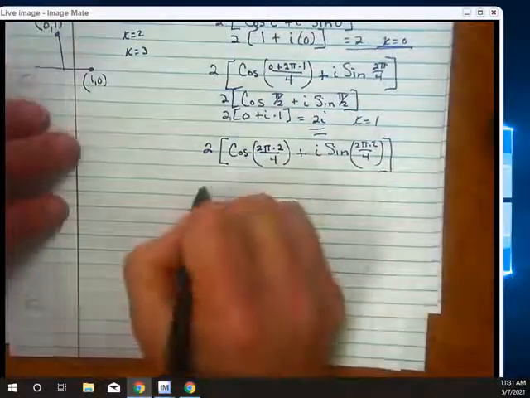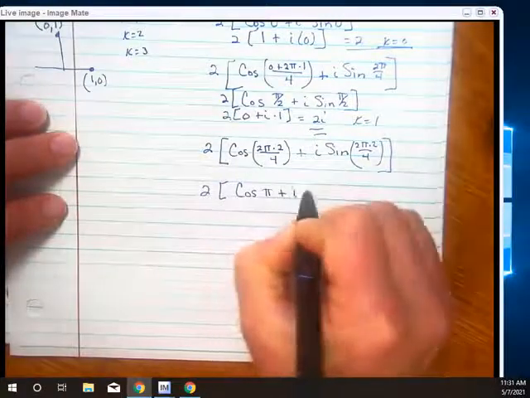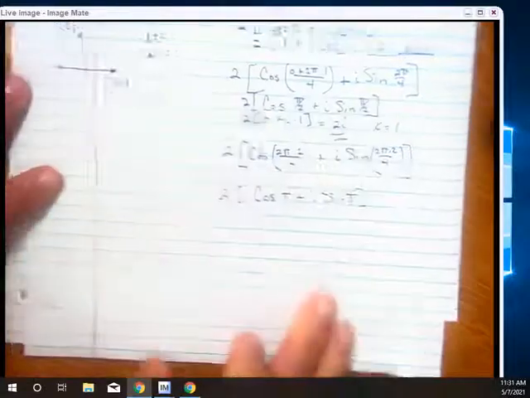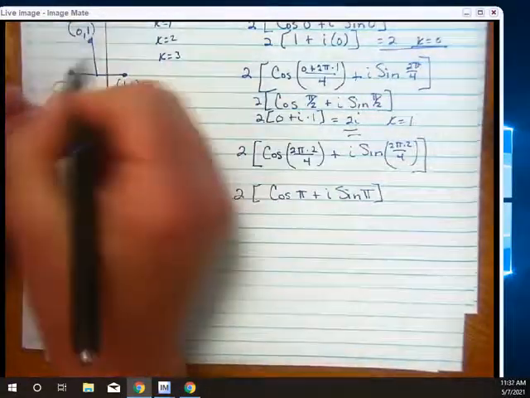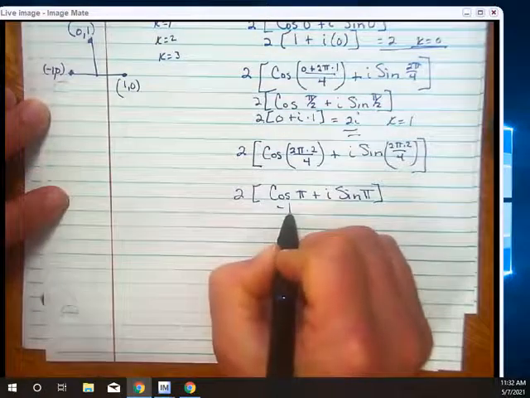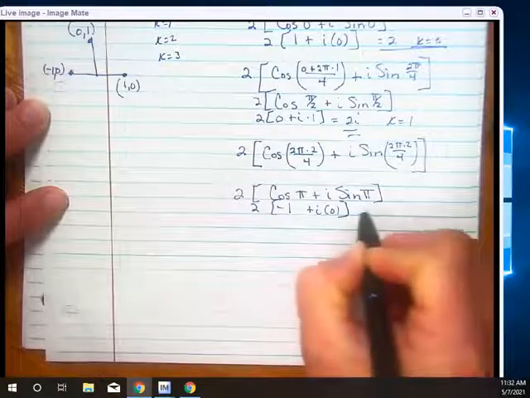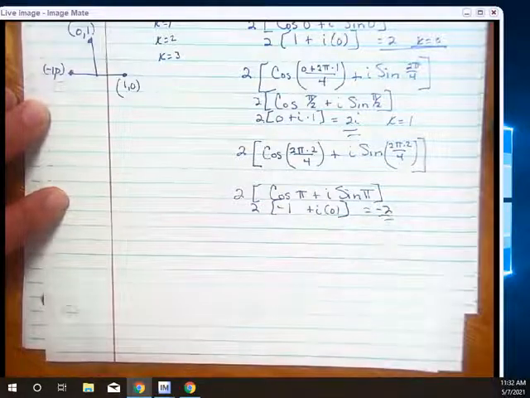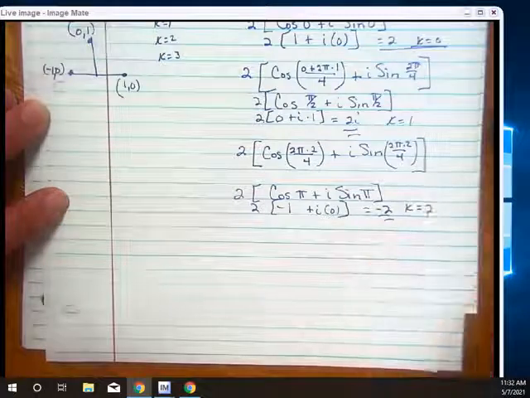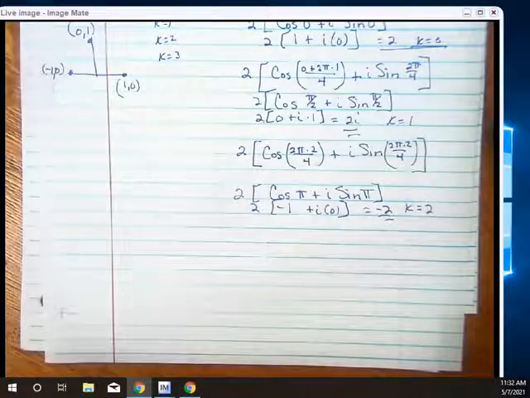Cosine of pi plus i sine pi. Over here, 180 degrees is pi. This is -1, comma 0. Cosine is -1 plus i times 0. Distribute the 2. -2 is my answer when k is 2. Now I've done 0, 1, and 2. I've got to do it now for 3.